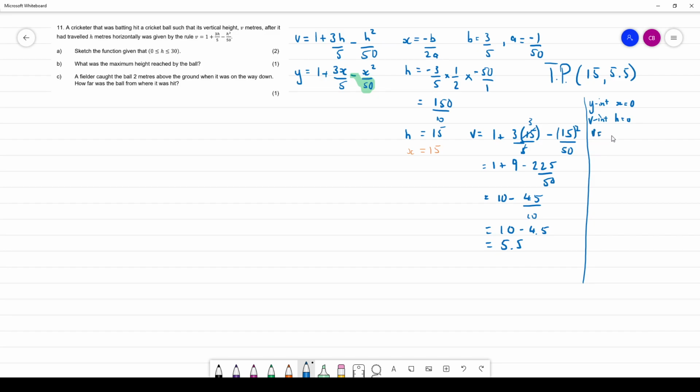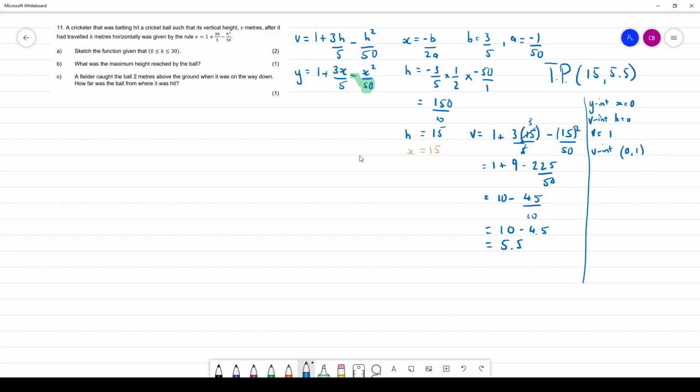So v will equal 1, because 3 times 0 is 0, and 0 squared is 0. So we've got our y-intercept or v-intercept at 1. So the v-int is going to be 0, 1.